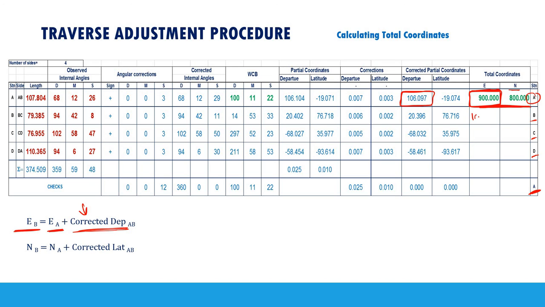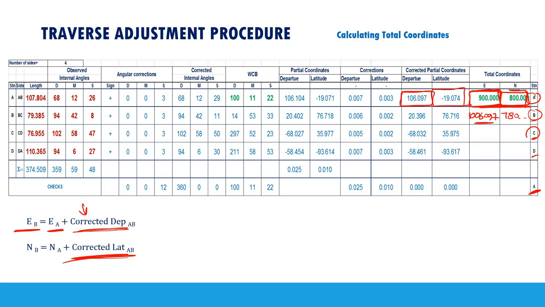So I will write it down here, 1006.097. And for the northing, northing of B here, guys, would be northing of A, which is 800, minus the corrected latitude, 19.074. So I will write down the answer here to be, in this case, 780 point something, and so on.